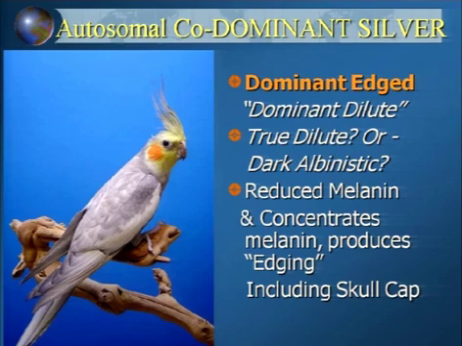But anyway, so I got a lot of information about them, and they turned out to be codominant mutations. And when I say that, anything that you see here that says autosomal merely means it's not sex-linked. That's all you have to remember. If it's sex-linked, it'll say so. So on the autosomal codominant, you get two forms of birds, two phenotypes, even though they're genetically dominant silvers. And what they're trying to do is rename this in Australia and Europe as the dominant edged.